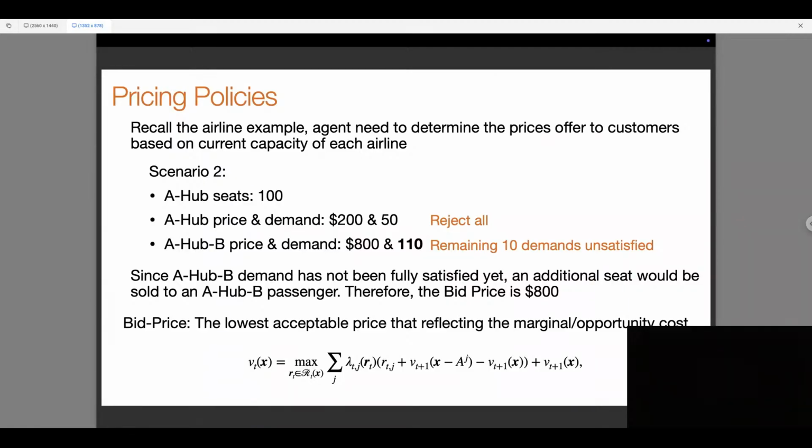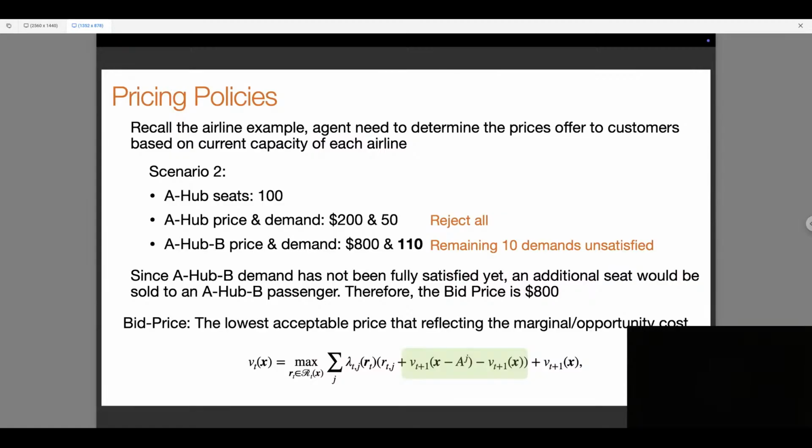And in our DP formulation, we can see this part reflects the marginal price, or the buy price.